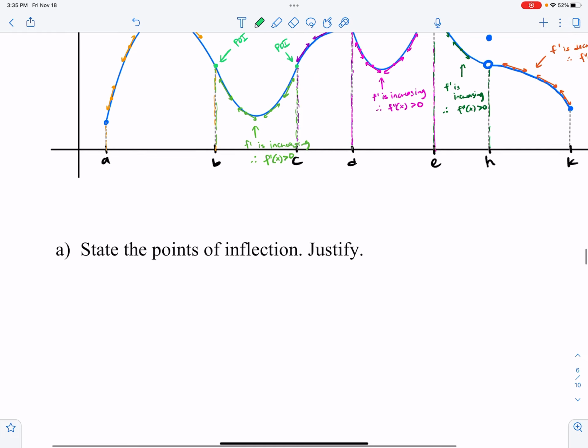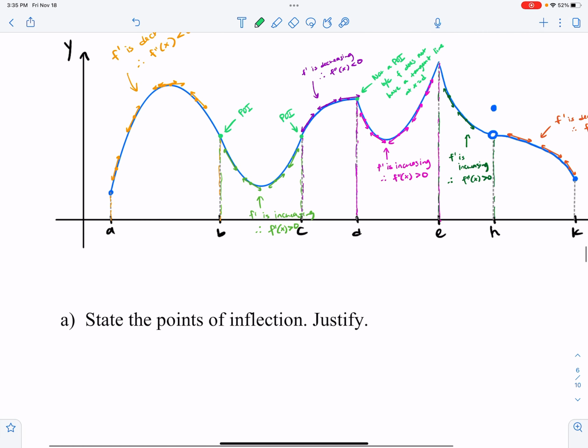Okay, so now let's actually answer these questions. So state the points of inflection. We just kind of went through, but we also have to justify.